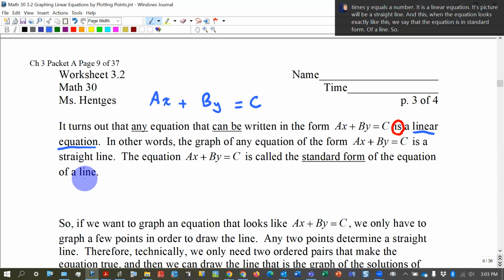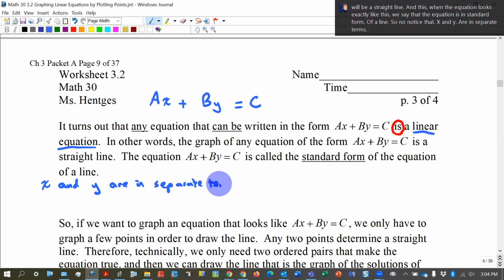So notice that x and y are in separate terms. X and y are not in the denominator of a fraction.